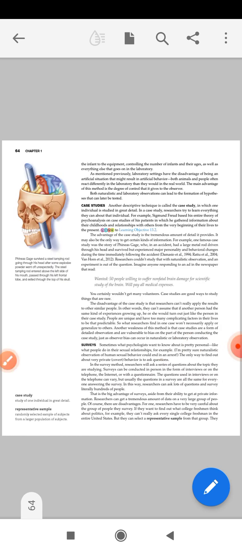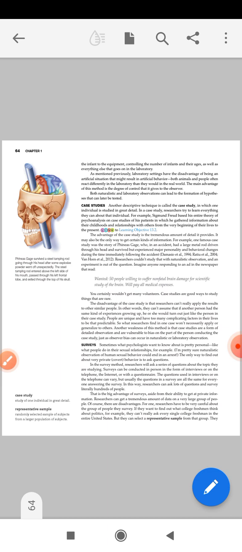What are the advantages and disadvantages of this setting? The advantage is very simple: it is easy to set up a laboratory for such kinds of observations. But what is the problem?